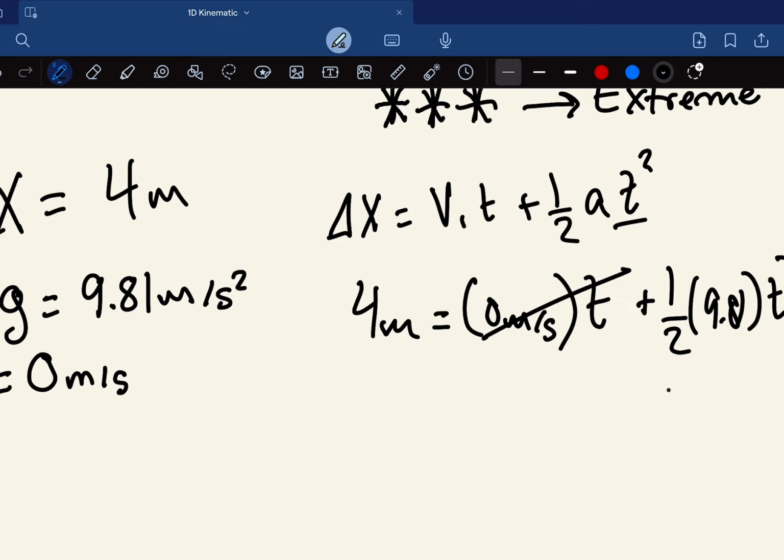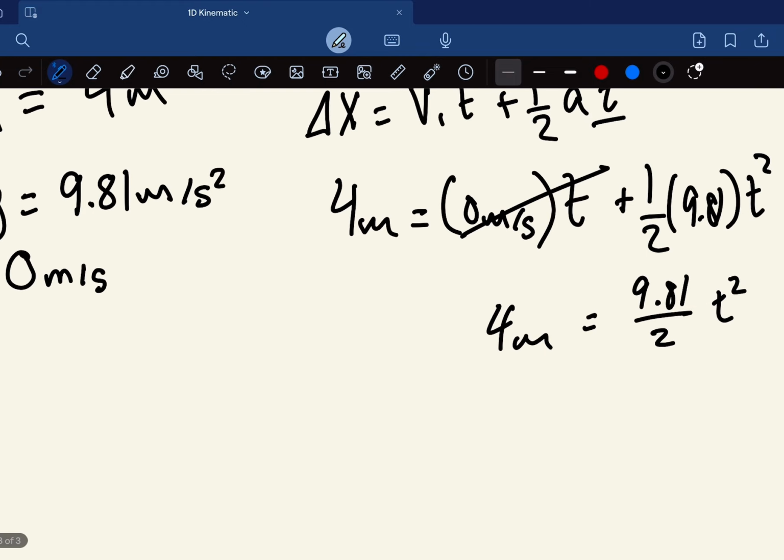So we have 9.81/2 times t squared equals 4 meters. So when we divide both sides by 9.81/2, we get 8. I forgot to write meters per second squared here.